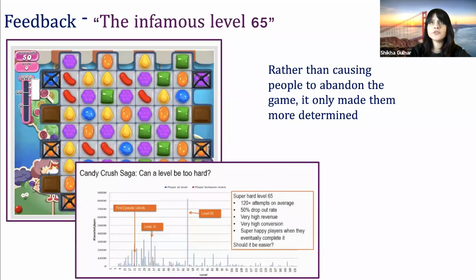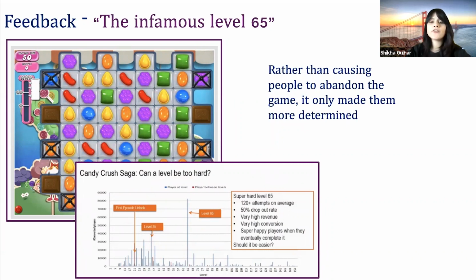This was introduced as the last level in the second upgrade of the game. And what the developers of the game started monitoring was that in general, there were about 120 plus attempts required to crack this level. And due to this being a super complex level, there was a 50% dropout rate.